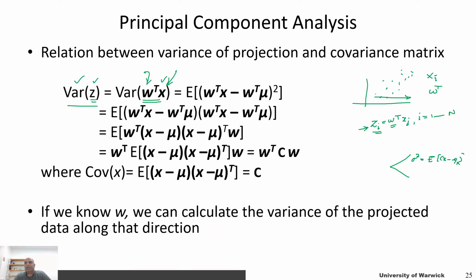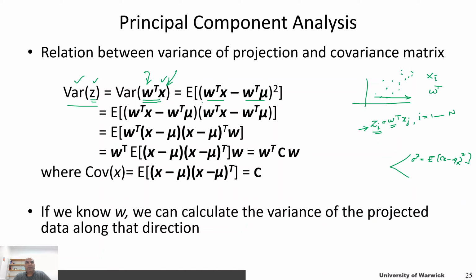So we subtract and we square it. Since we are calculating the variance of z in this case, which is W transpose x, we calculate W transpose x, we subtract W transpose mu, which is the mean of the data, and then we square it, right?